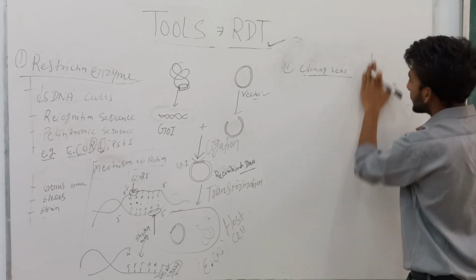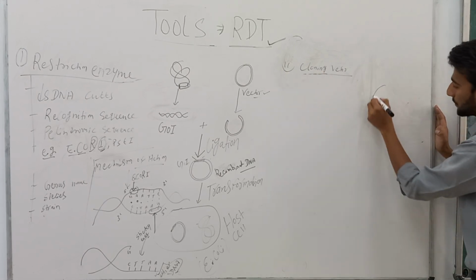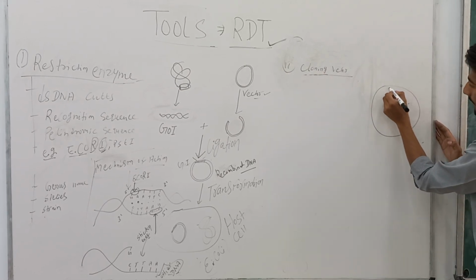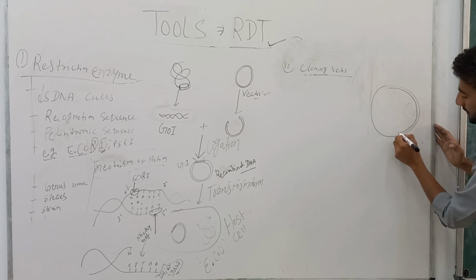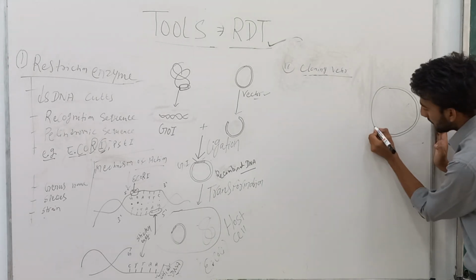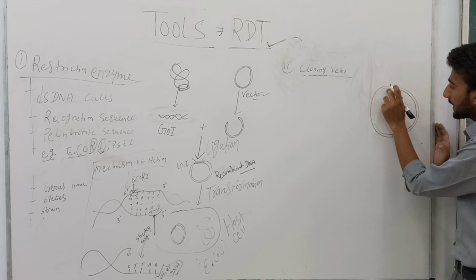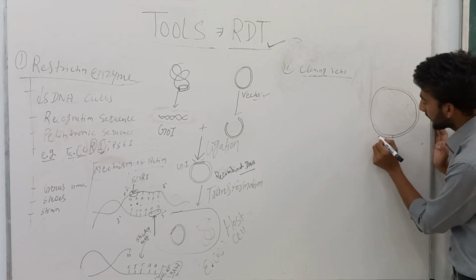Now, what is a cloning vector? Suppose this is our cloning vector. Specifically, cloning vectors are plasmids of bacterial cells or yeast cells, and they have double stranded DNA containing some features.